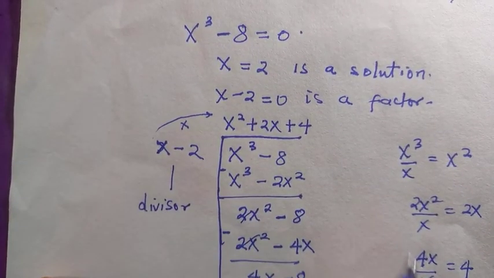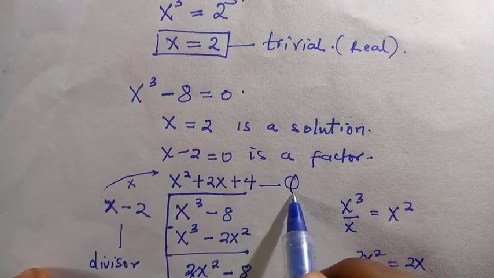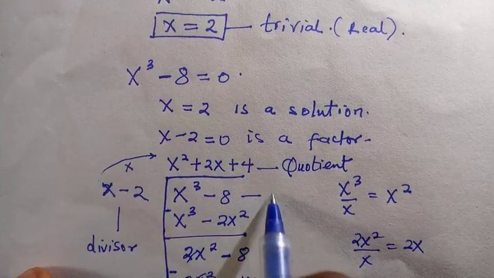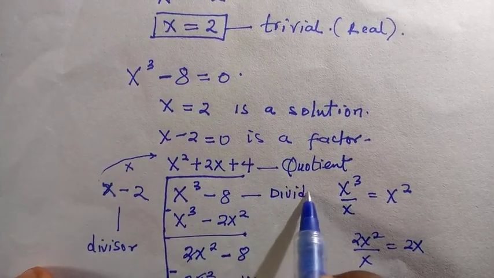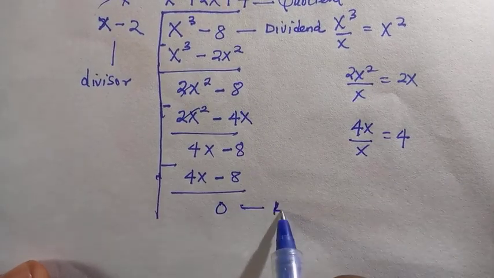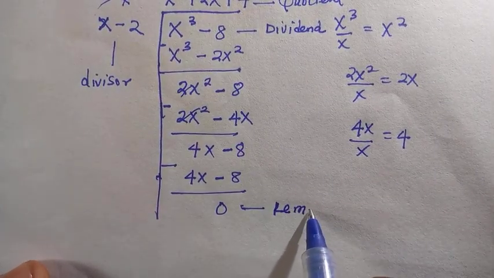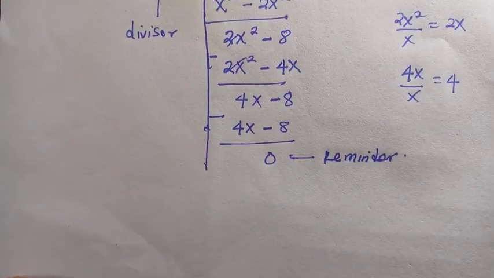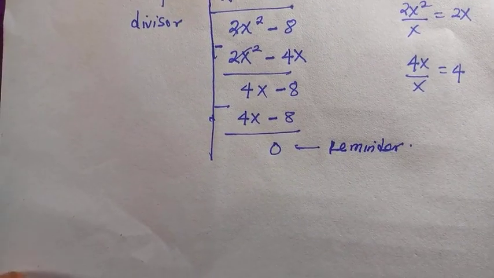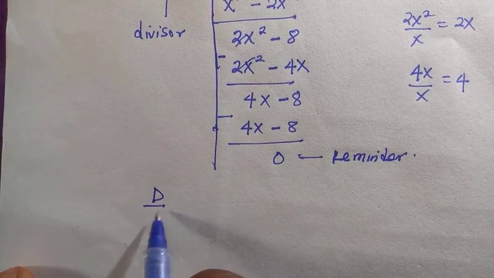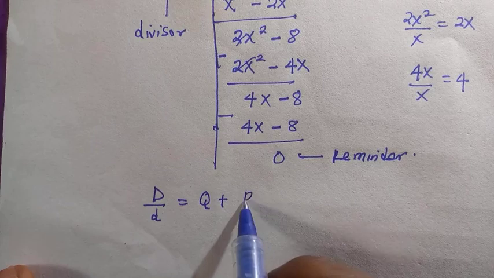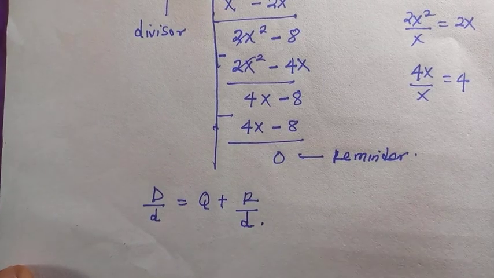As x minus 2 is the divisor, x squared plus 2x plus 4 is our quotient, and x cubed minus 8, we call it the dividend. While the last one, which we got as 0, is known as our remainder. So if the remainder equals 0, we are going to apply this formula. Let's consider this standard formula for when we are applying the long division method of polynomials. We have dividend over divisor equals quotient plus remainder divided by divisor.